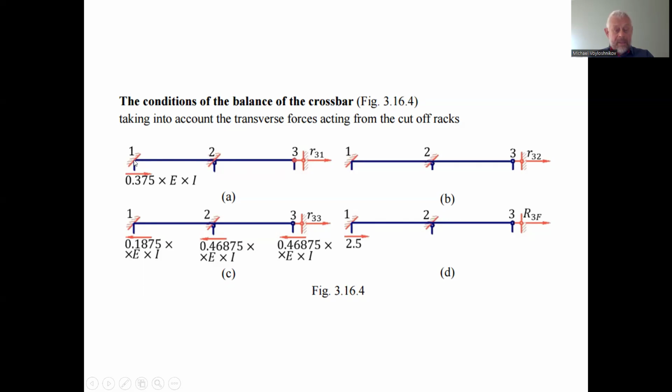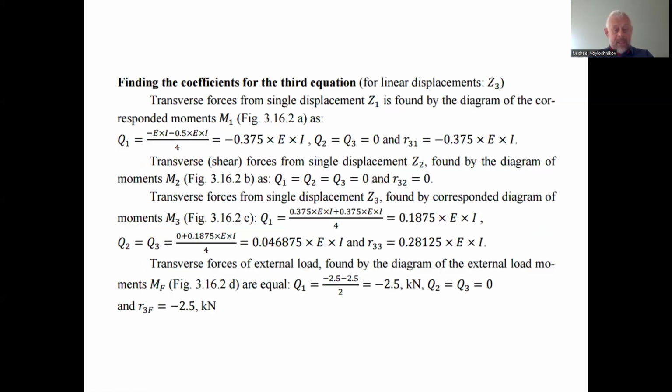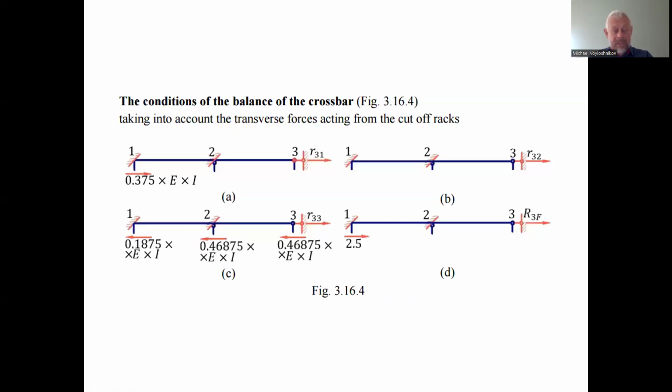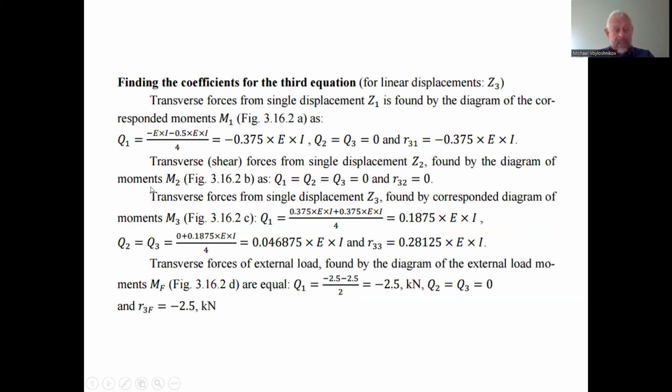And that's why in the third direction, we consider the first factor as equal to 0.375. How did we find it?